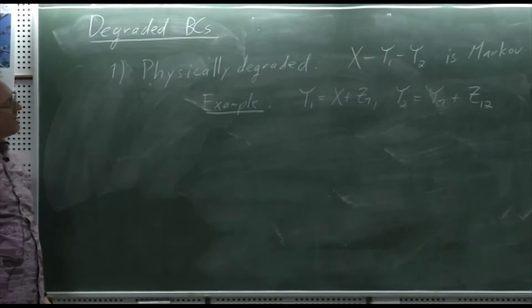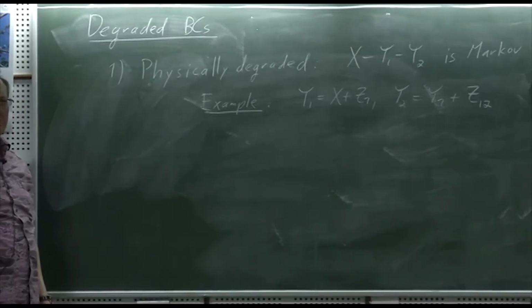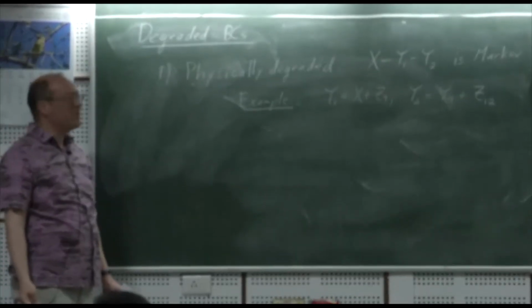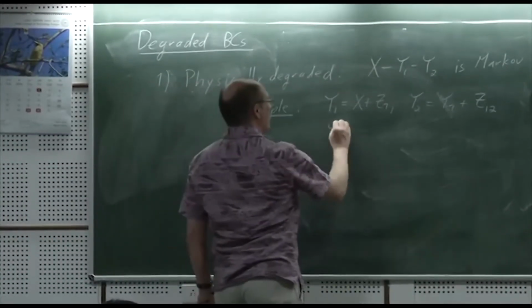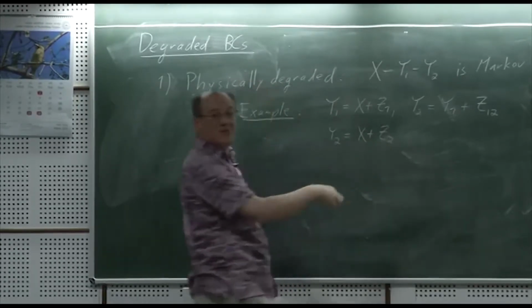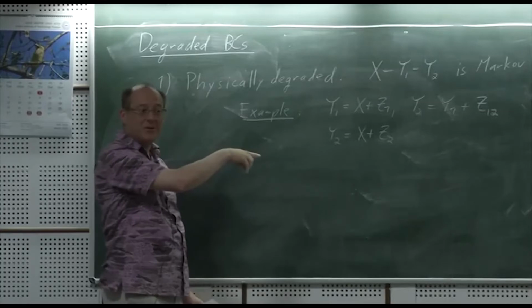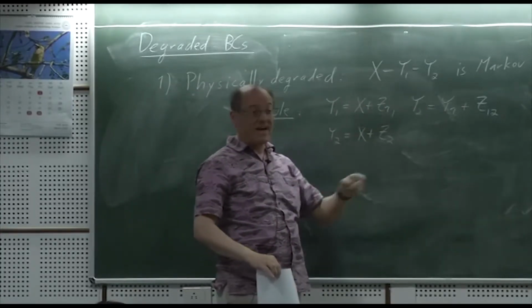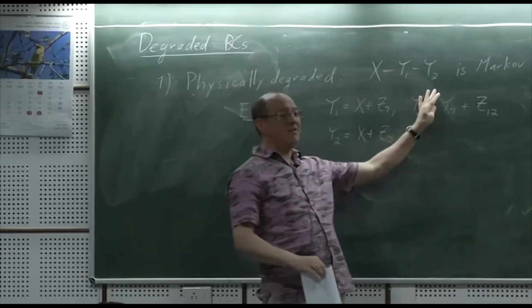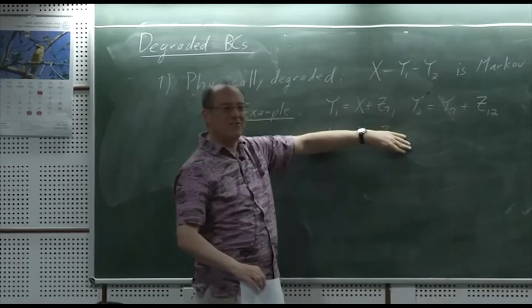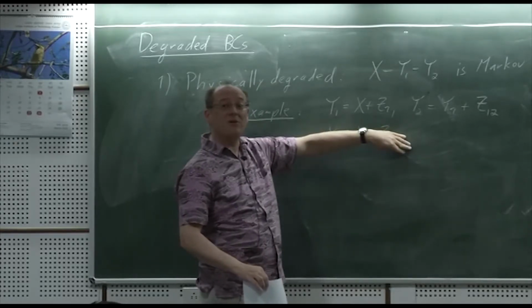Now, when you look at that model, you say, well, that's not how real broadcast channels would look. If I was naturally thinking about it, I would guess Y2 should be equal to X plus Z2, where Z2 is statistically independent of Z1, right? And that doesn't fit this chain. However, it turns out that this channel has the same marginals as a channel that looks like this, and so we know the capacity regions are the same.